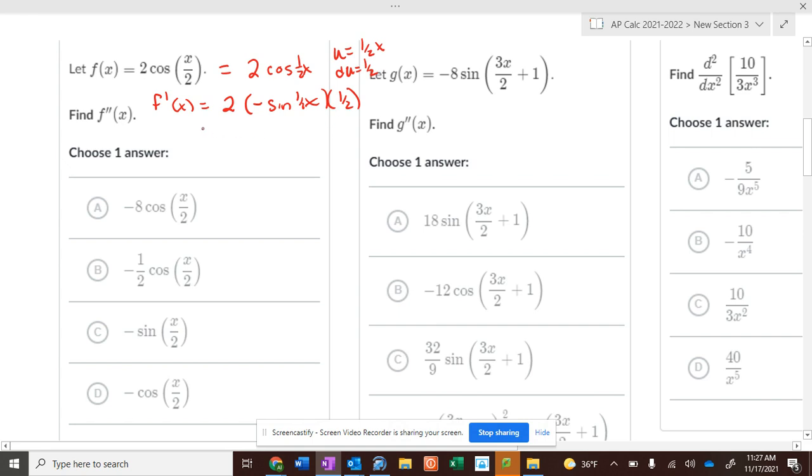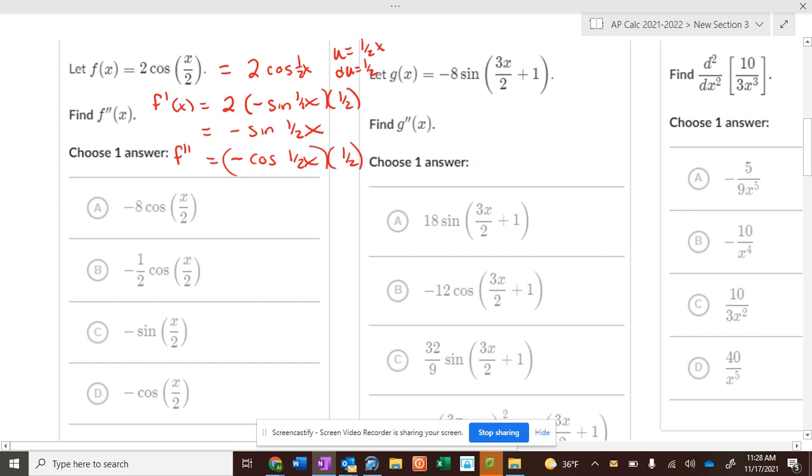What's 1/2 of 2? 1, so it's negative sine of 1/2 x. Now the second derivative of that, again, u equals 1/2 x, so du would be 1/2. What's the derivative of negative sine? It'd be negative cosine of 1/2 x times 1/2. So it should be negative 1/2 cosine of 1/2 x, which is choice B.